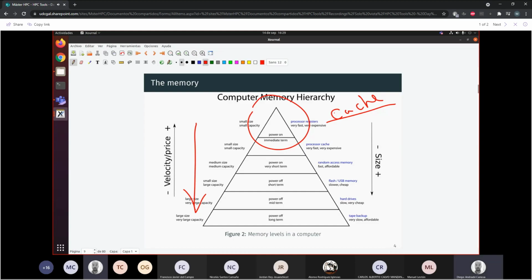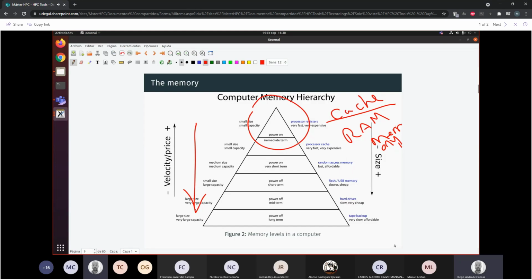So below the cache memory, we have something that is called the RAM memory. Okay, probably most of you already knew of the existence of the RAM memory. It is available in your phone, in your smartphone, for instance, or in any kind of other computer.